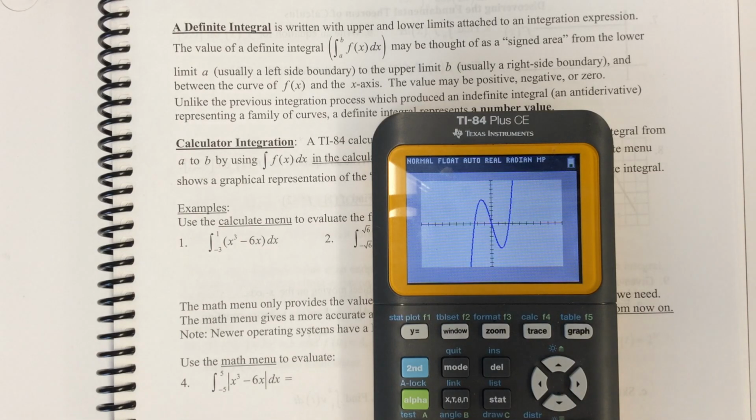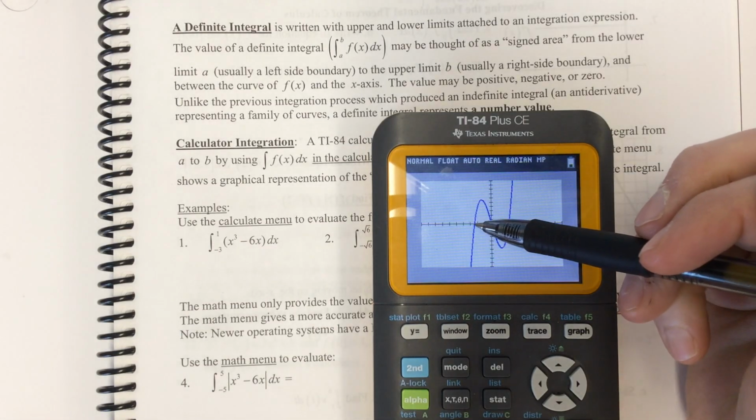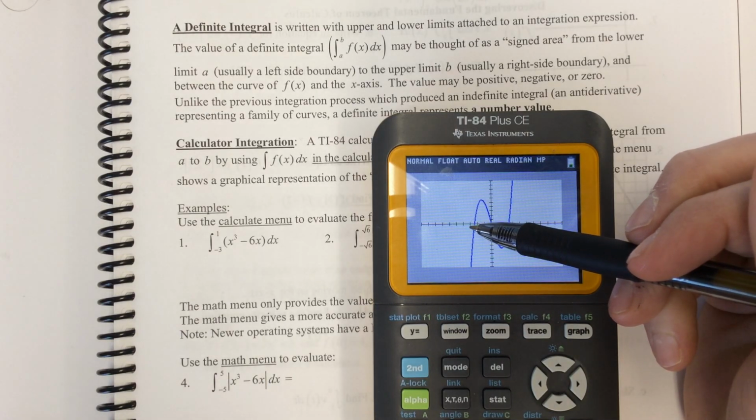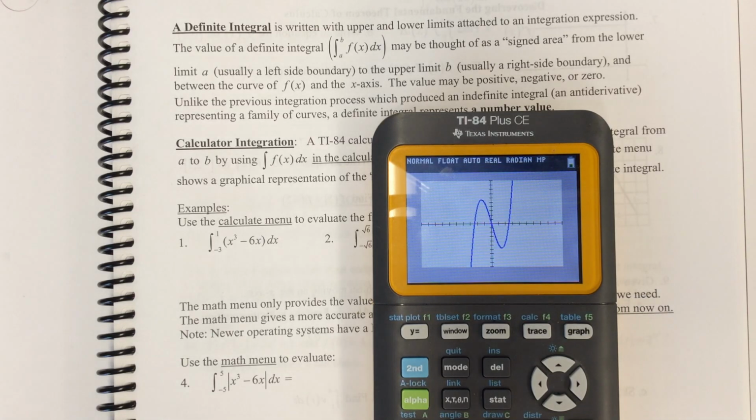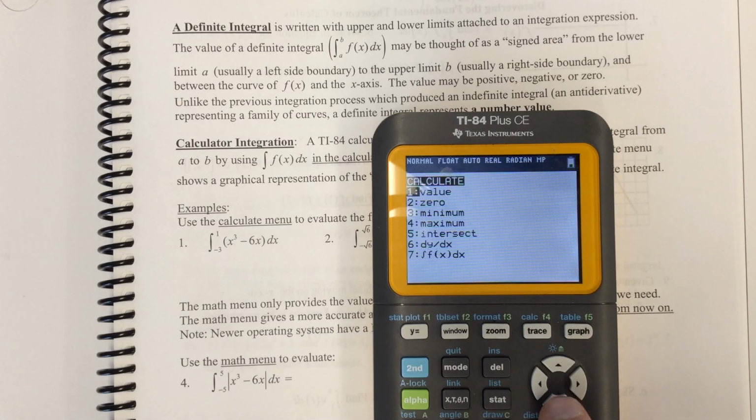Now we want to find the definite integral. That's what I'm really finding: I'm starting at -3, which is right there, and I want to find the area between the curve and the x-axis from there over to +1. So to do that, we go into the calculate menu, which is right up here. So second calc. And we go down to, right, there's my integral right there, the integral of f of x dx.